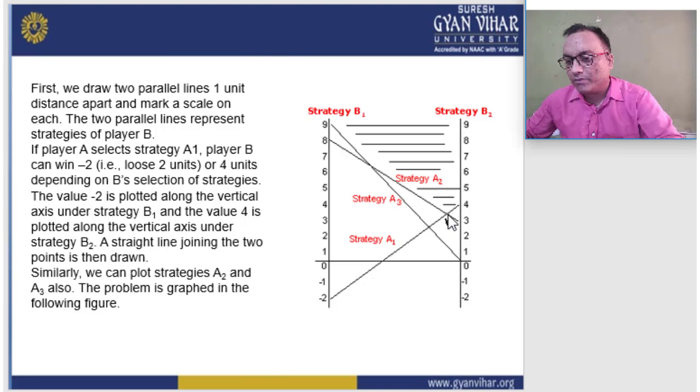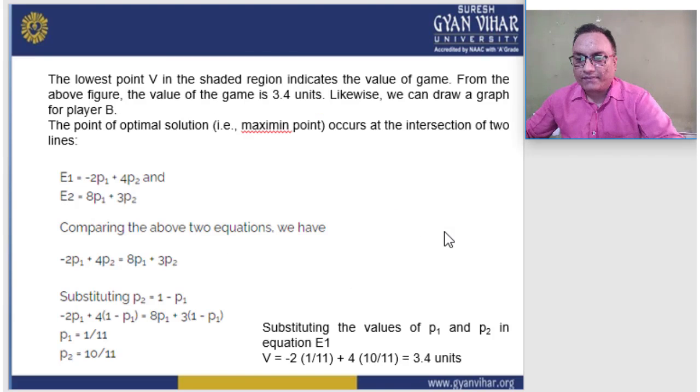There are some optimal points here, but this one is the best optimal point. The lowest point V in the shaded region indicates the value of the game.